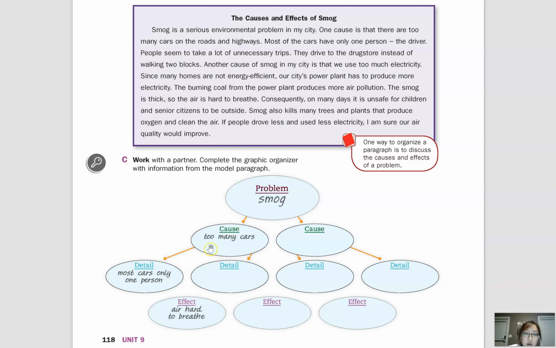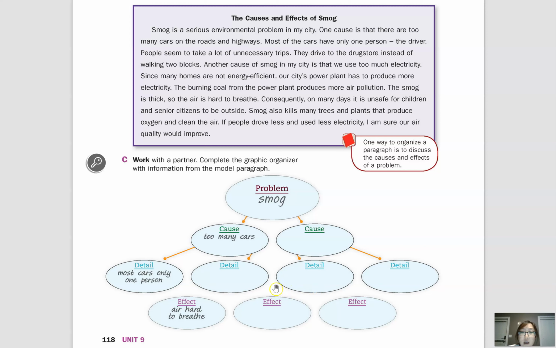So you can just take notes. So too many cars, that's enough. And then one of the details is that most cars only have one person. Here they took out the verb, just most cars, only one person. So you can see that there's not really enough space to make a long sentence anyway.